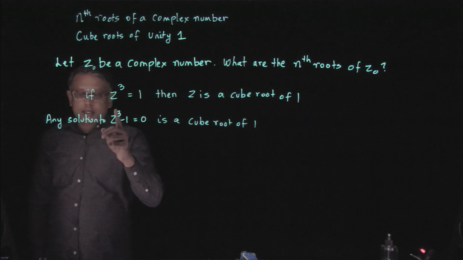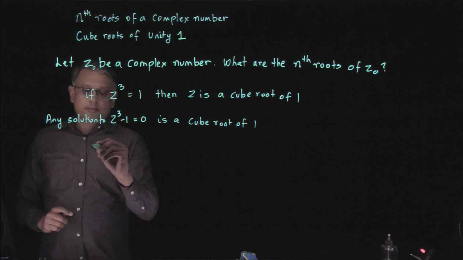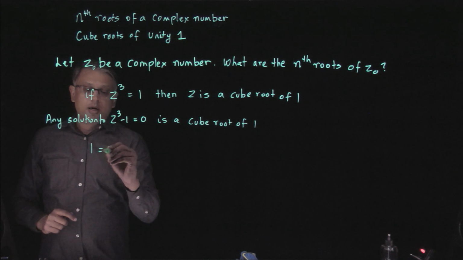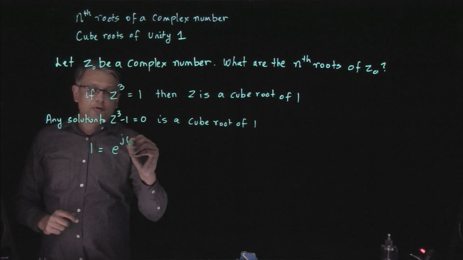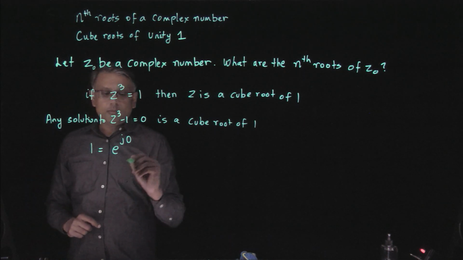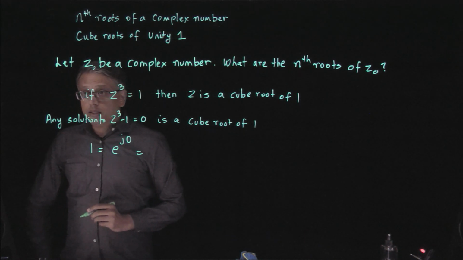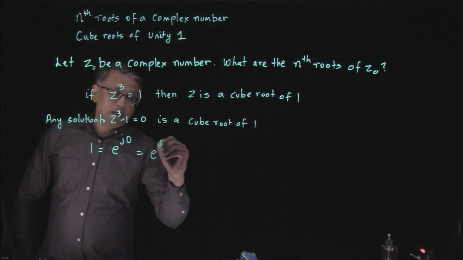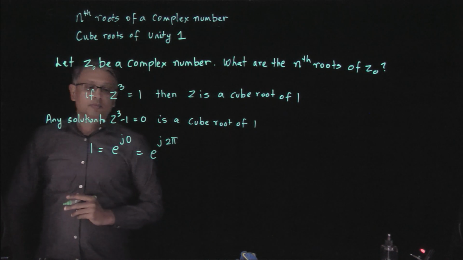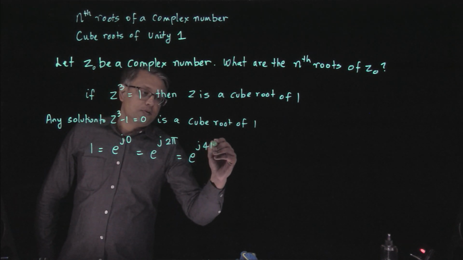And the key idea we are going to use to find these 3 roots is to realize that the number 1 can be written in polar form as 1 times e to the j0. But we can also write e to the j0 as e to the j2 pi. And this is also the same as e to the j4 pi.